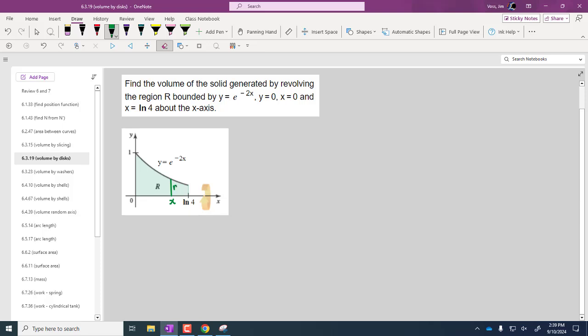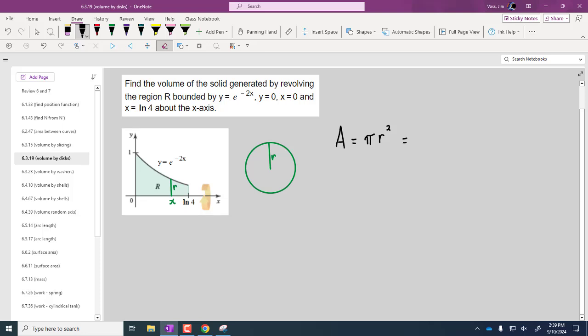That function is going to be measuring the distance from the axis of rotation. So here, when that rotates around, we're going to get a disk that has a radius of r, and that radius is going to end up being just the function. So we're going to have A equals area of the disk. Area of the disk is pi r squared.